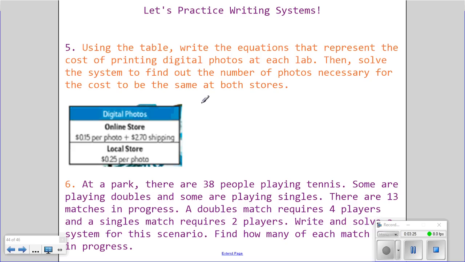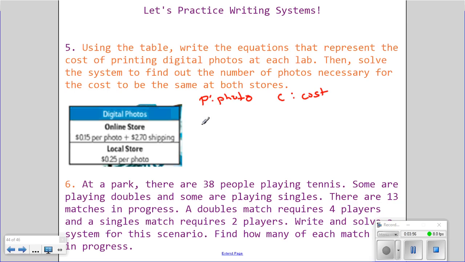So for our first equation, well, we need to establish our variables. We could say P represents photo, and C represents cost, because those are the unknowns in this situation. We don't know the number of photos and we don't know the total cost at this time.